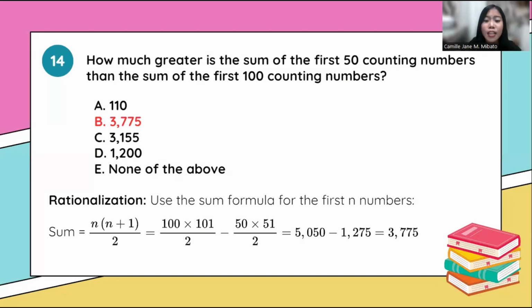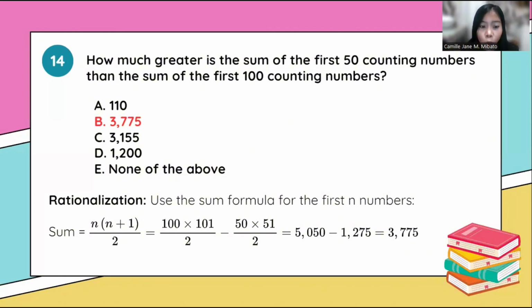Using the sum formula for the first n numbers, we have n times the quantity n plus 1, over 2. Substitute: 100 times 100 plus 1 is equal to 100 times 101 over 2, minus the sum of the first 50 counting numbers, 50 times 50 plus 1, which is 50 times 51 over 2.